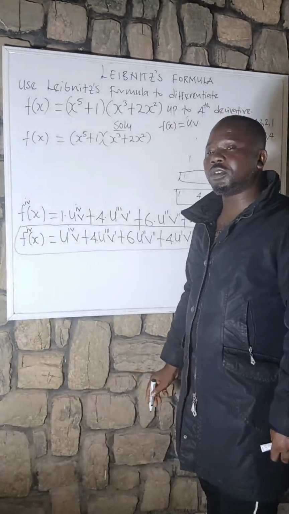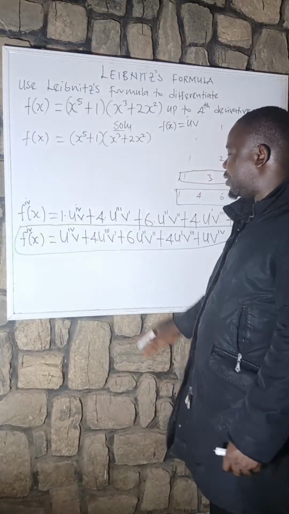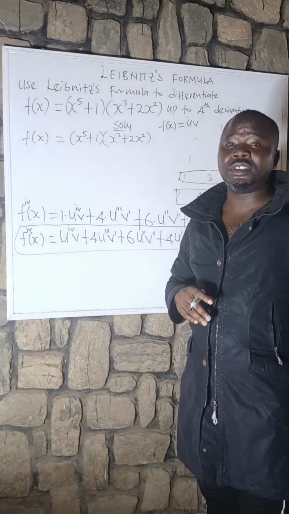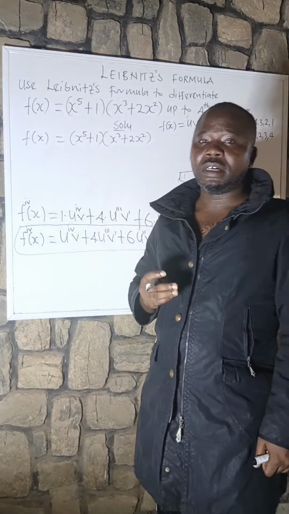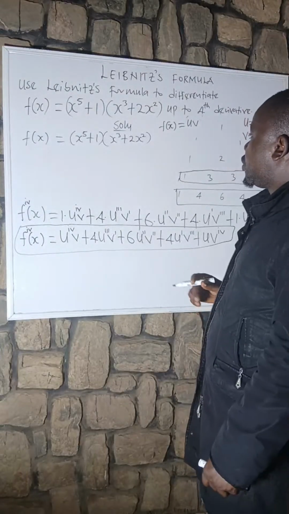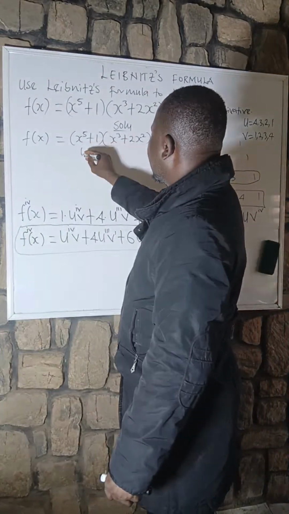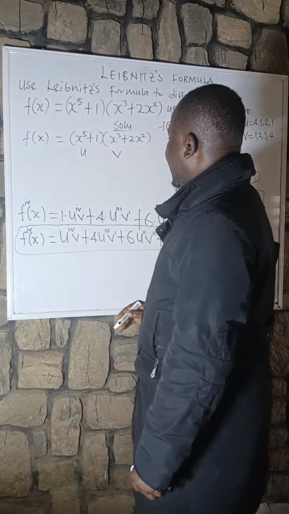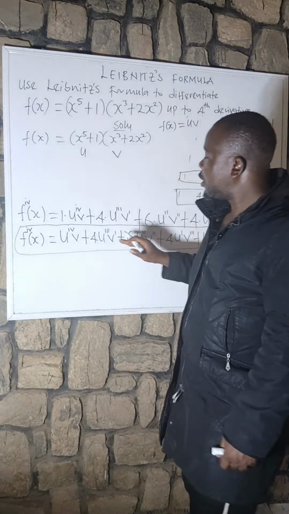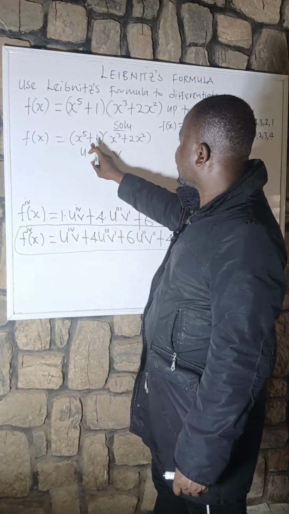So you should know how to form Leibniz's formula depending on the order of the derivative. Is that clear? Very important. So now you don't need a prophet to tell you this is your u and this is your v, because according to the formula, it means you have to differentiate this function.